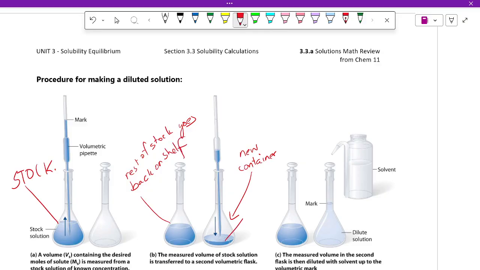So this is our stock, small volume. And then we add solvent until we get to, there's usually a mark on these things, and that's going to be our final volume.